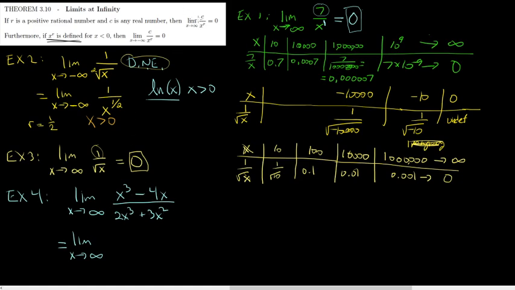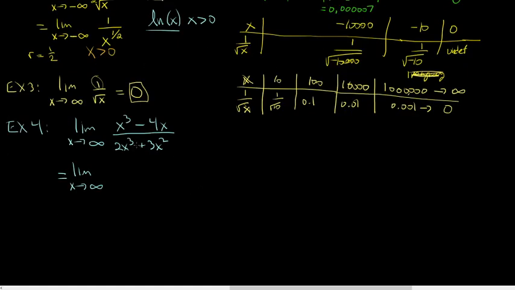The way we're going to do this is we're going to look at the biggest power in the denominator. In this case, the biggest power in the denominator is 3. That's also true for the numerator, but that's a coincidence. In this problem, the degrees of the numerator and denominator happen to be equal, but they don't have to be. It's certainly not true for the first 3 examples here. The degree of the numerator for example 1 was 0. The degree of the denominator there is 1. So they don't have to be the same, but they just happen to be the same in this example.